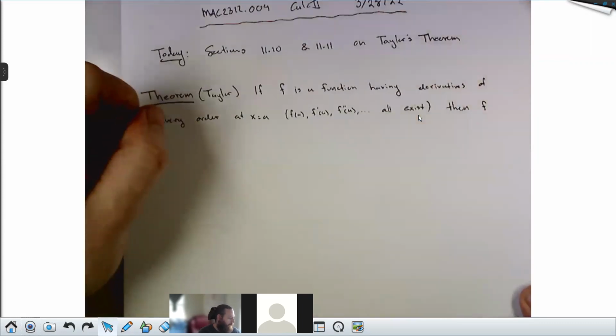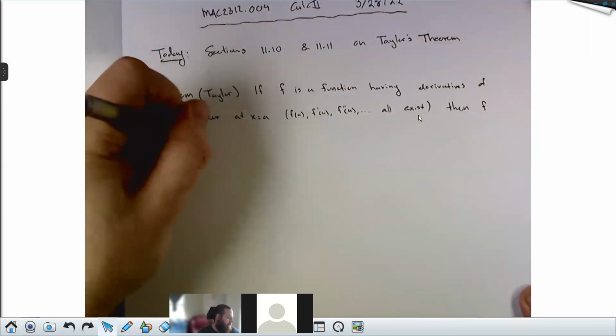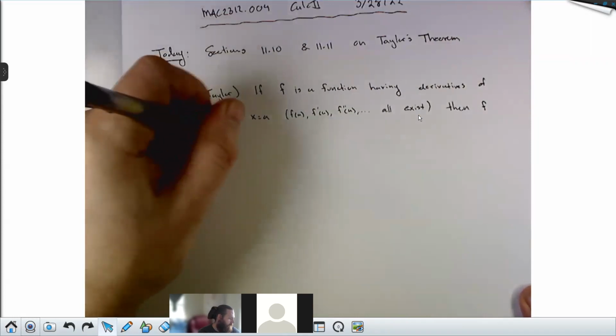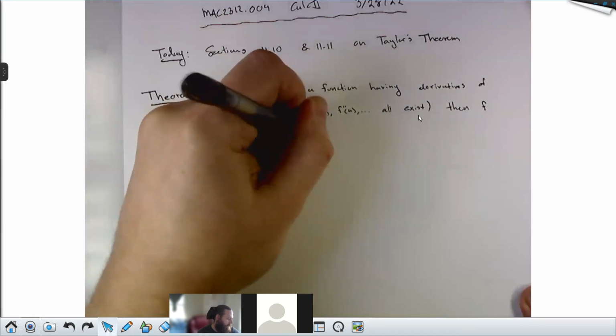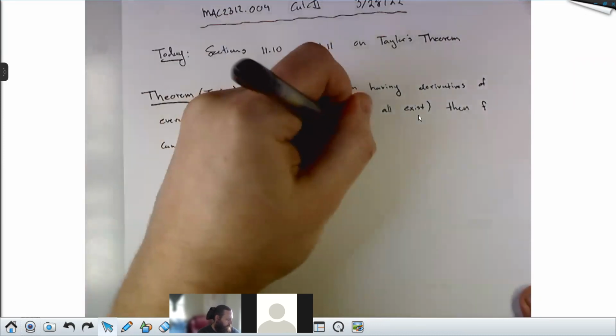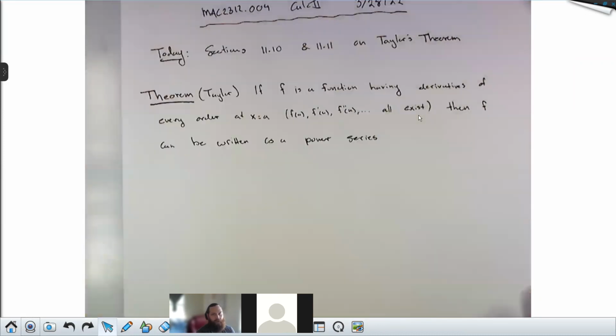f can be written as a power series. In analysis, we call this being analytic, right? Being expressible as a power series, which is almost exactly the same thing as being infinitely differentiable, right?